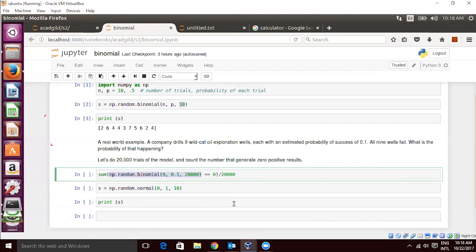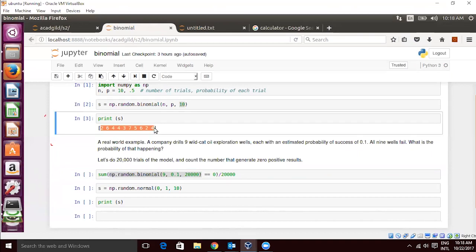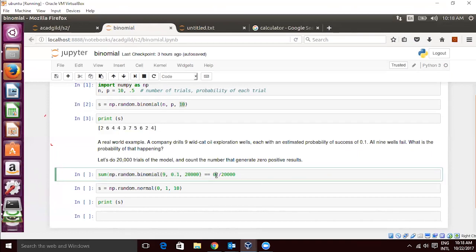Whenever a trial produced zero positive results, we count it. Here we see we don't have any zero, which means everything is greater than zero. So to get zero, we'll write it like this: out of 20,000 trials, how many trials give a zero value?